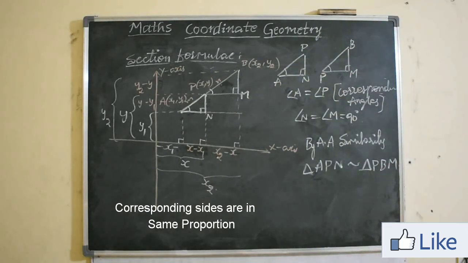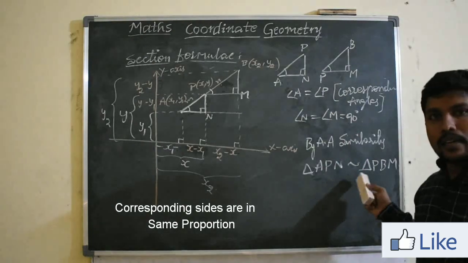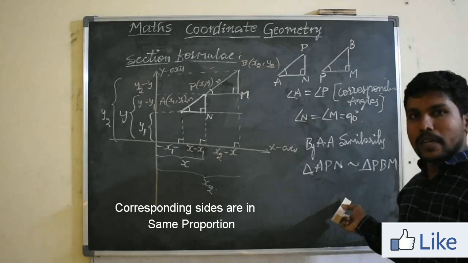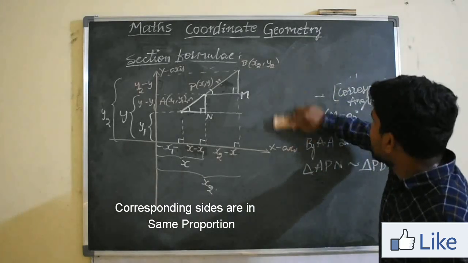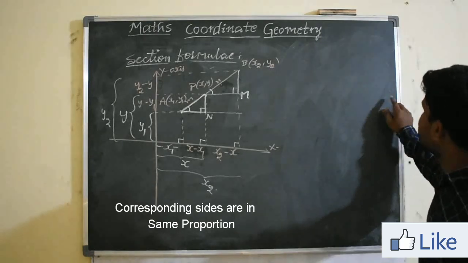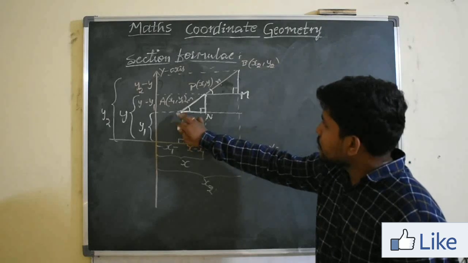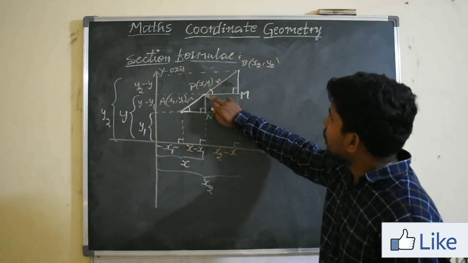Now you'll see, as we got till here, two triangles are similar, and the corresponding sides are in proportion. So what are the corresponding sides we have? AP and PB.